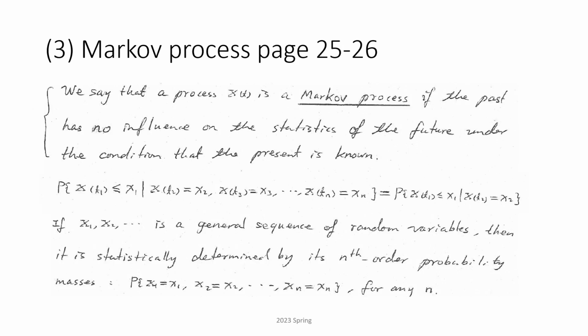The third one is Markov process. It could be found on page 25 to 26. So the definition is the past has no influence on the statistics of the future. We have P(x1, x2, ..., xn) for the probability mass function.